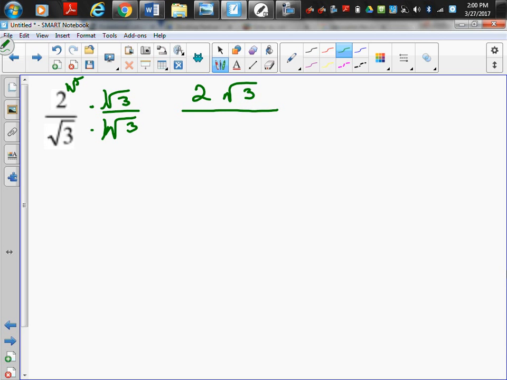Alright, so what's on the outside of this right here? 1. So 1 times 1 is 1. Square root of 3 times square root of 3? Square root of 9. So what's the square root of 9? 3. So this is the same thing as 3. So it's 2 square root of 3 over 3.